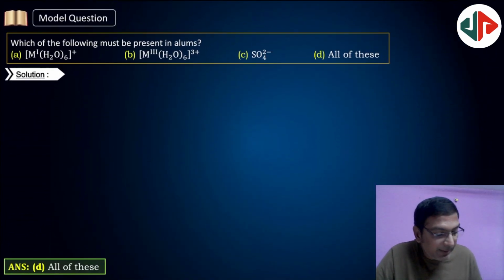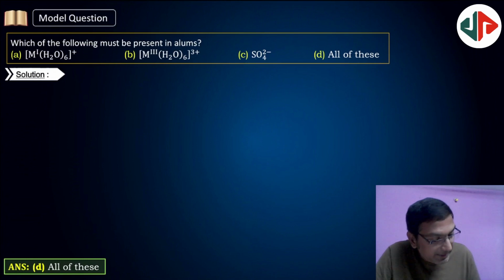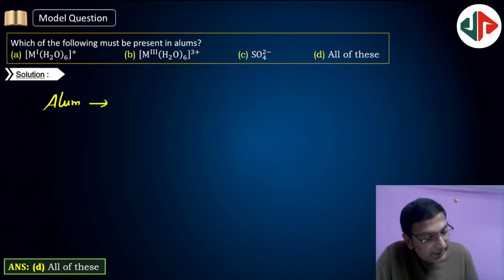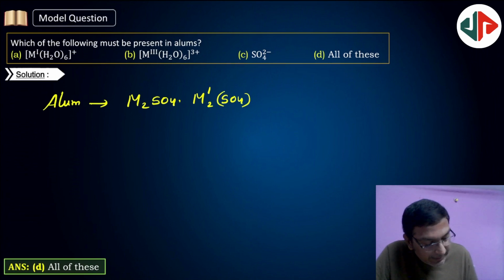So which of the following must be present in alums? So alums general formula M2SO4 and M' 2(SO4)3 24H2O.